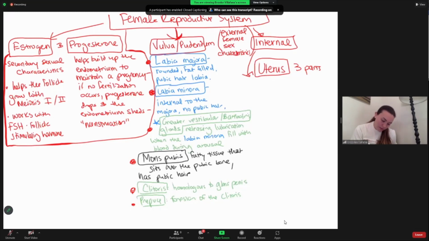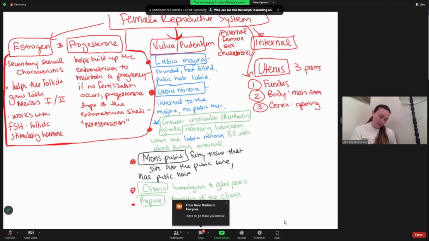There is the fundus. I'm going to draw this on the next page. Fundus, the body, and then the cervix. Cervix is the opening into the uterus. Body is the main area of the uterus. And then fundus is the area above the fallopian tube entrance.